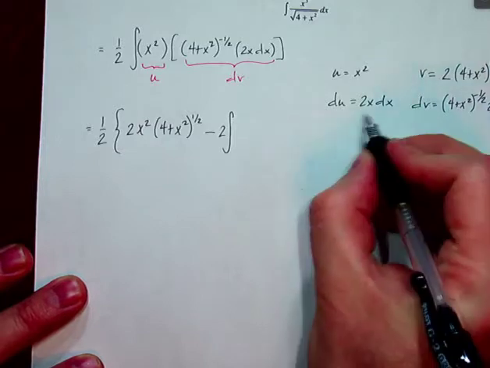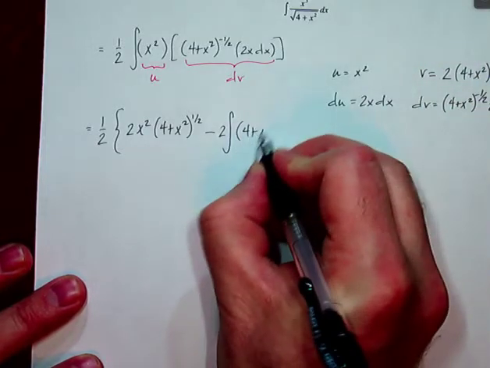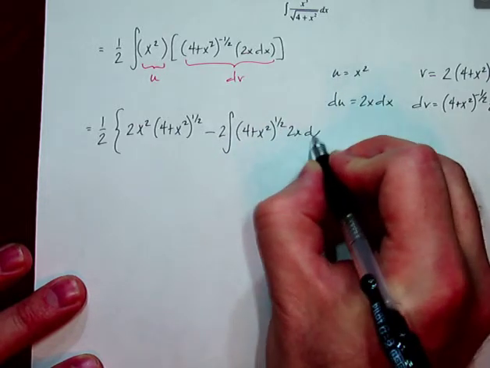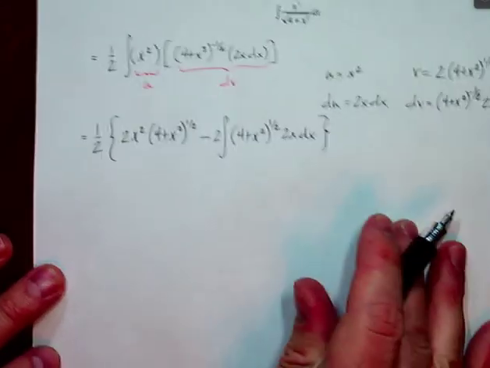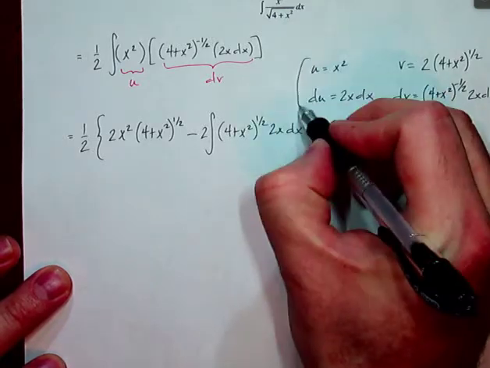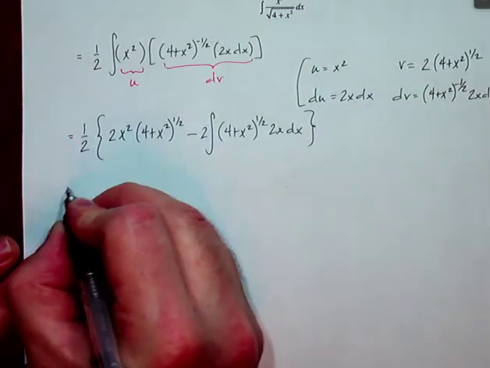That's going to be pretty important to put right next to this. So I have 4 plus x squared to the 1/2, 2x dx. And now I have an integral that is integrable. And I have u to the 1/2 du. And the only difference from the original dv is that it was u to the negative 1/2 instead of u to the 1/2. Okay, well, fantastic.